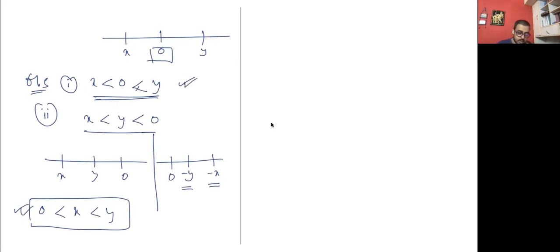This case is in any case trivial. No matter what x and y are, if one is less than 0 and one is bigger, 0 is there in between. If both are negatives, you look at their negatives, minus x and minus y, and you reduce it to this case. So if m by n sits between the two, minus m by n would sit between these two. So it is enough to give a proof for this case.